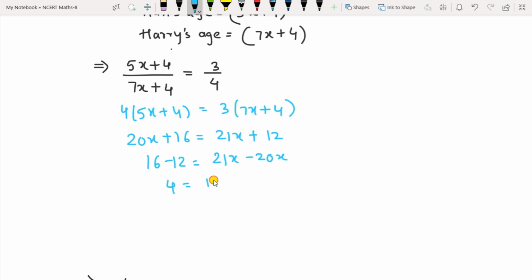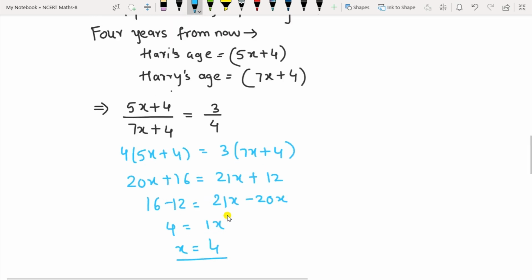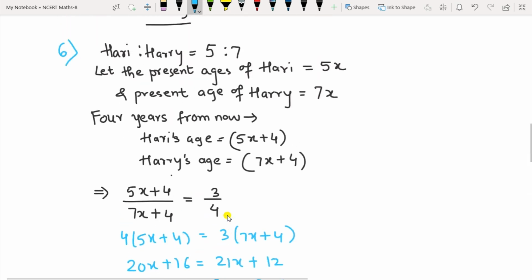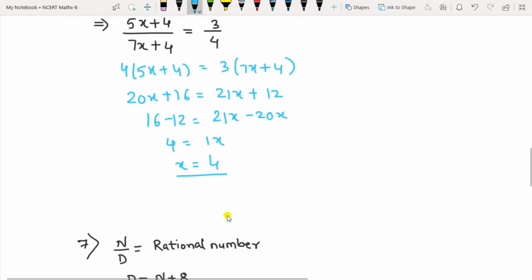Okay, this becomes 4 equal to 1x. That means x equal to 4 here. X is 4. You need to find the present ages of Hurry and Harry. Hurry's present age is 5x and Harry's present age is 7x.